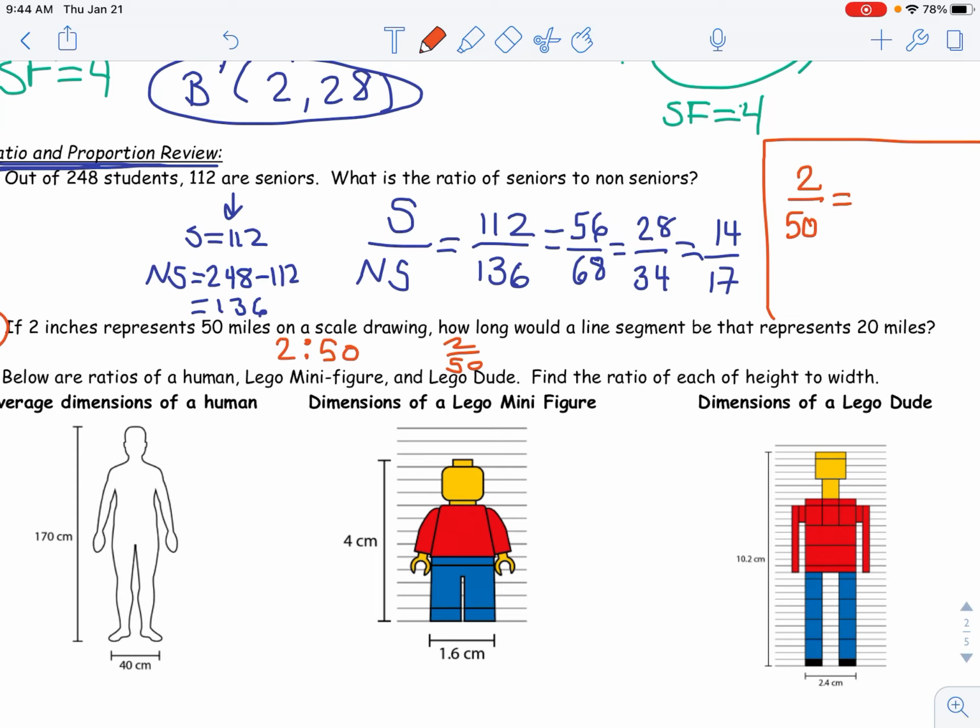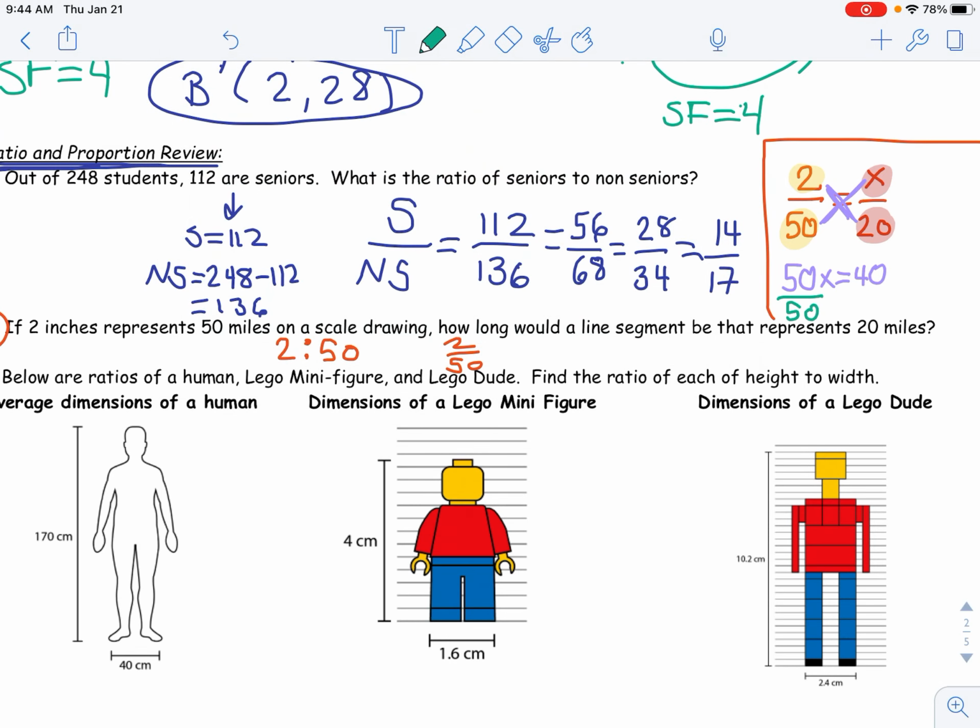Now, how long would x, we don't know what x is, how long would a line segment be that represents 20 miles? If 2 represents 50, how long would x represent 20? So cross multiplication, a huge concept. I'm going to say that a number of times. We get 50x equals 40.